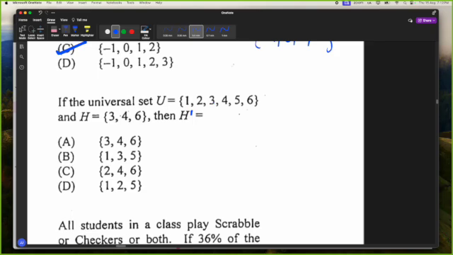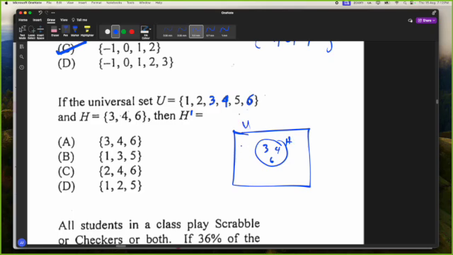So if H is 3, 4, and 6, then H complement will be everything that is not in H. So if this is the universal set, and H is 3, 4, and 6, then the rest of them is 1, 2, and 5. The H complement is everything outside of H, which is 1, 2, and 5, which is D.